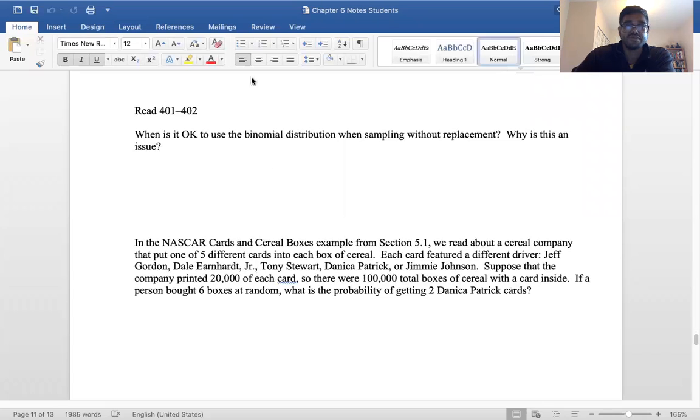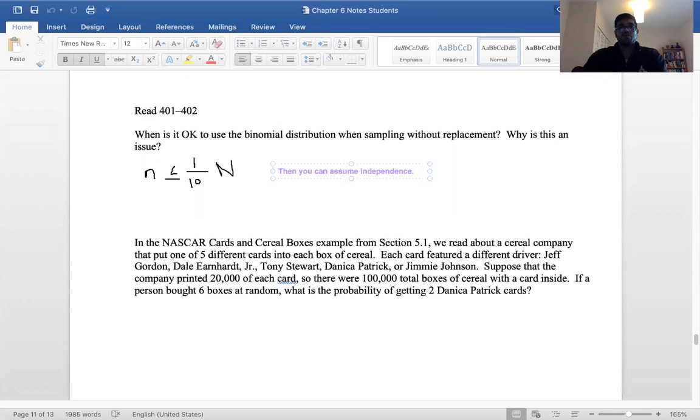And so we have this thing called the large counts condition. Basically all this says is that if your sample size is less than or equal to 1/10 of your population size, where little n is the sample and big N is the population, then you can assume independence.